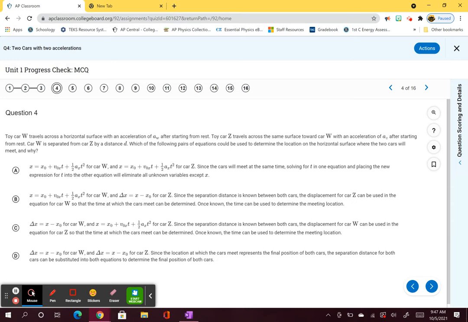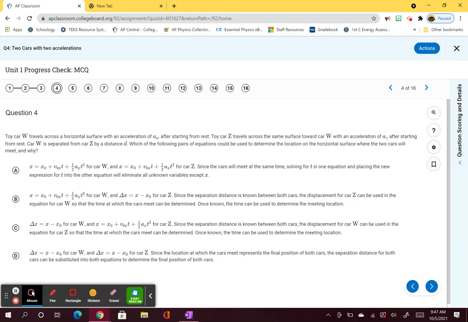Toy car W travels across a horizontal surface with an acceleration of AW after starting from rest. Toy car Z travels across the same surface towards car W with an acceleration of AZ after starting from rest. Car W is separated from car Z by a distance d.